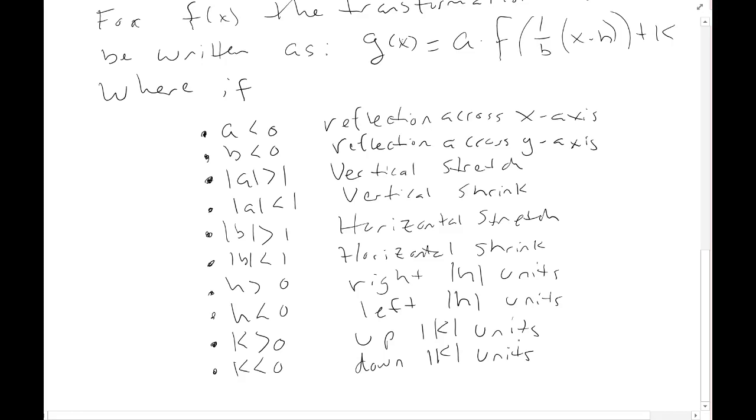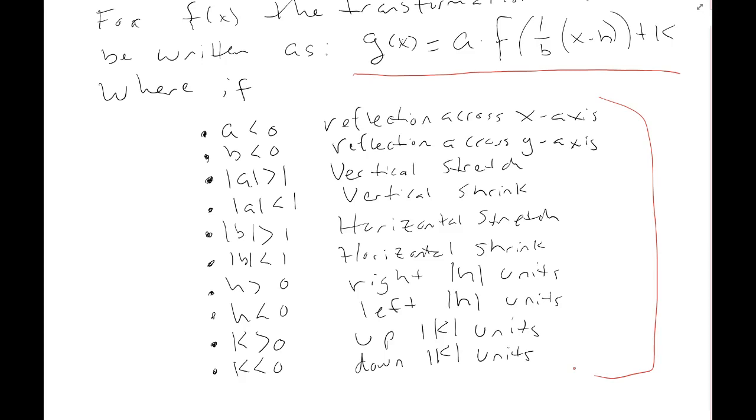So this information here is really important. This is something that you're going to want to memorize. You're going to want to know the general form of a transformation, and then you're also going to want to know what the constants, the a, b, h, and k, do to a transformation.